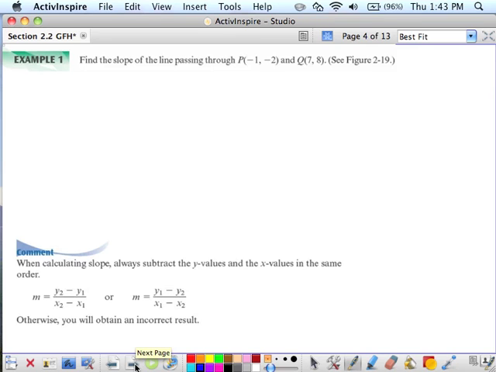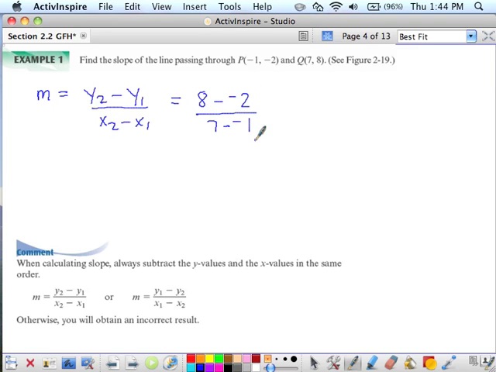So first, let's write down our formula. m equals y2 minus y1 divided by x2 minus x1, which in this case is 8 minus -2 over 7 minus -1. 8 minus -2 really becomes 8 plus 2, which is 10, and 7 minus -1 is actually 7 plus 1, which is 8, and that will simplify down to 5 over 4. So the slope between those 2 points is positive 5/4.